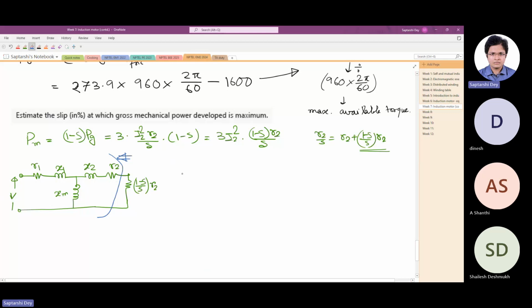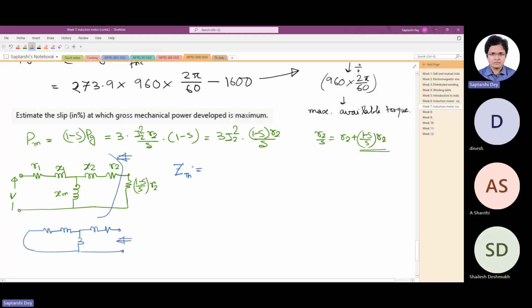So what should the ZTH be? Again, imagine in your mind that the voltage source is short circuited. It looks like this. We are Thévenizing in this direction.